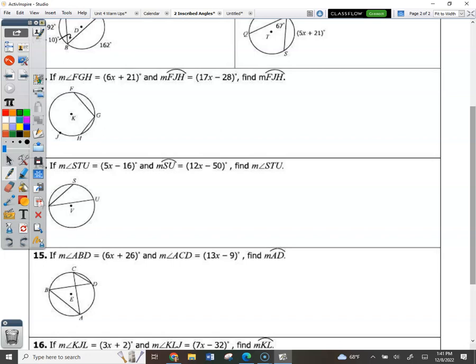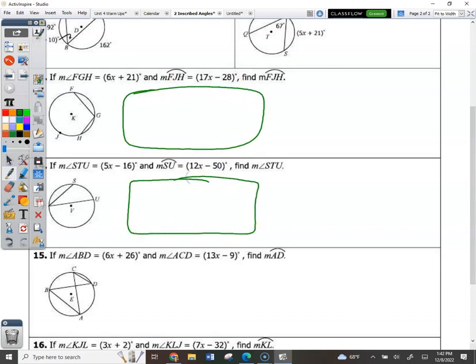The next section of questions, 13 through 16, are the same level of difficulty. They involve more algebraic expressions. You have to set an equation up and solve for x before you can answer the question. You will notice that not one of these says find x. You have to find x first on every single one of these. Like here, find x. Here, find x.